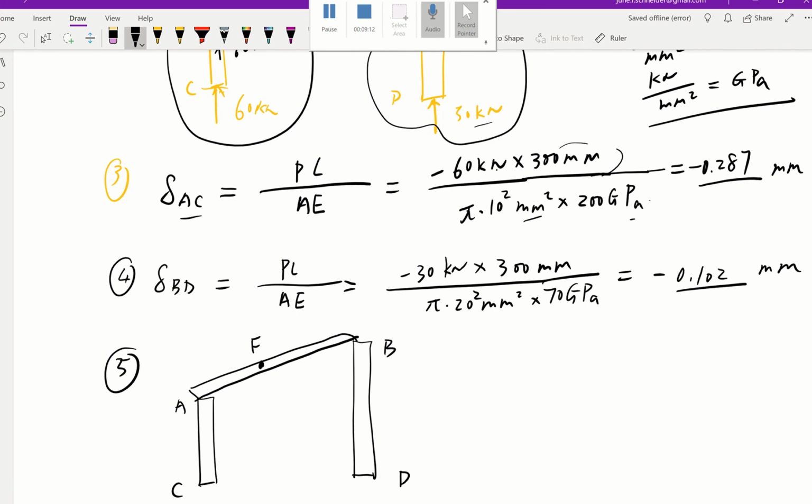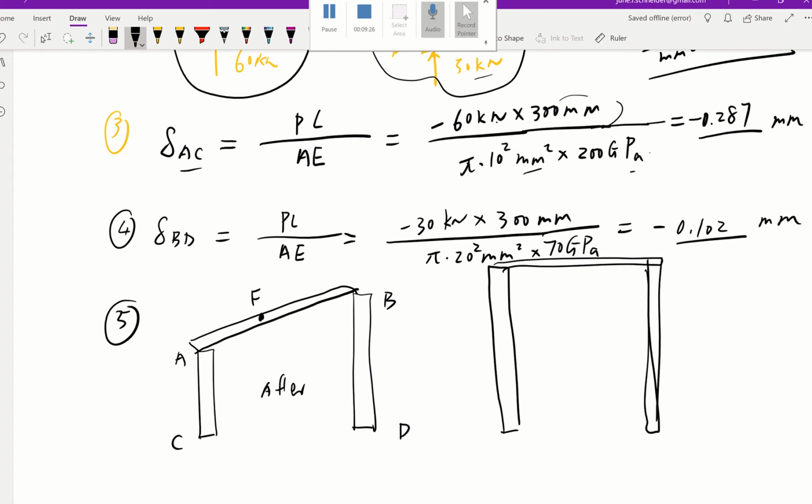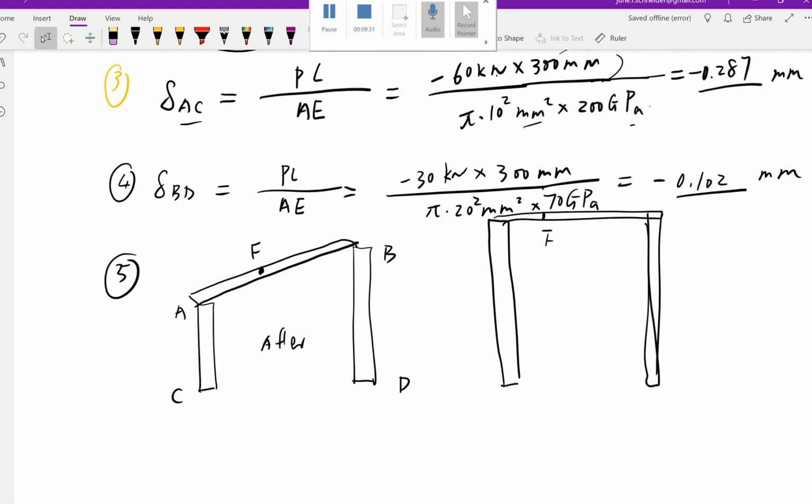If we draw before and after, this is after, and before will be like this, right? And that's F there. This is before. F is here now. If I'm drawing, overlay them together, so this is my after. This is my F now. I call F prime.